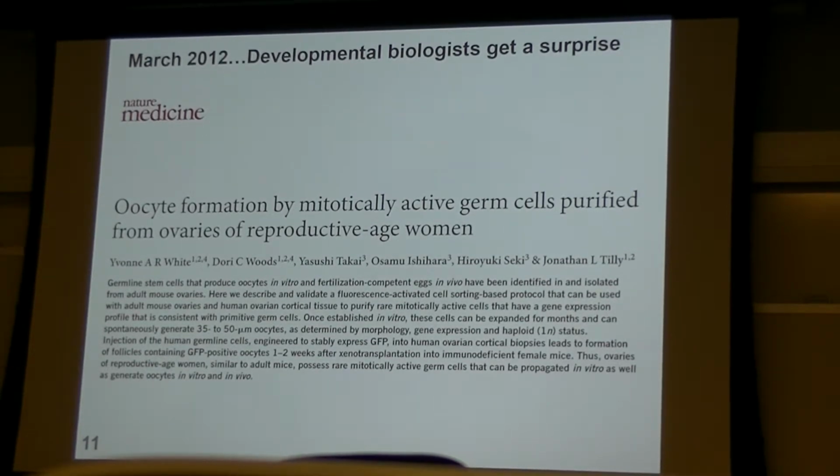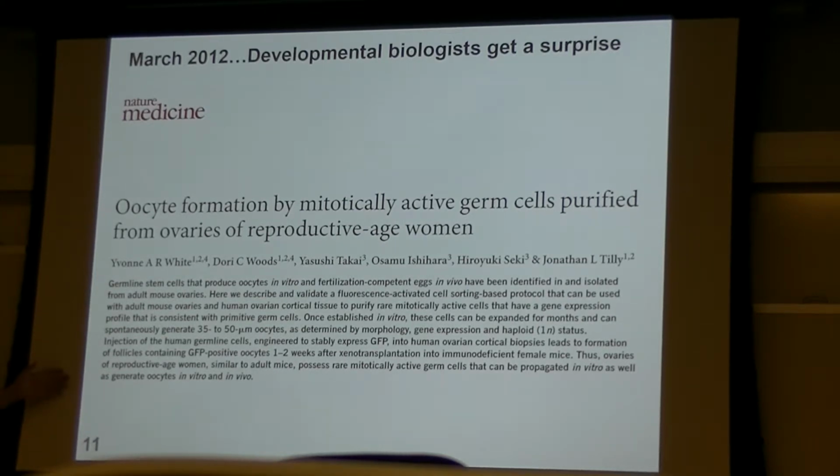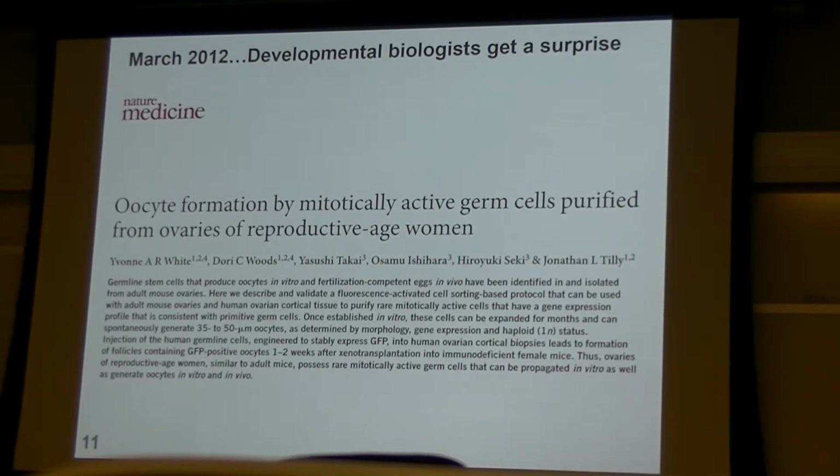And one reason that this might be interesting is that for women that have fertility problems, if we could identify those cells and manipulate them, maybe we could generate a few extra oocytes that are younger and of better quality and could actually be fertilized by sperm. So just an interesting development, and I think this kind of thing is good to keep in mind for science because it always seems like we think we have the dogma of this is how it works, and then, well, there's an exception.